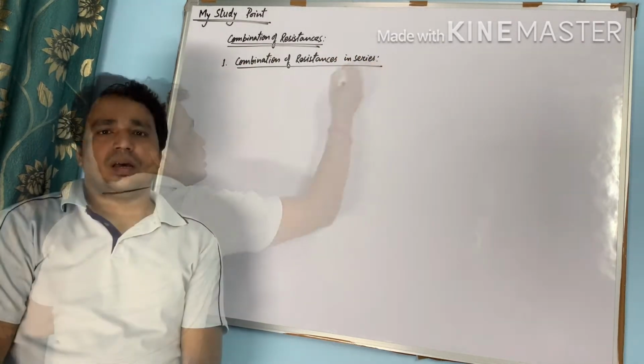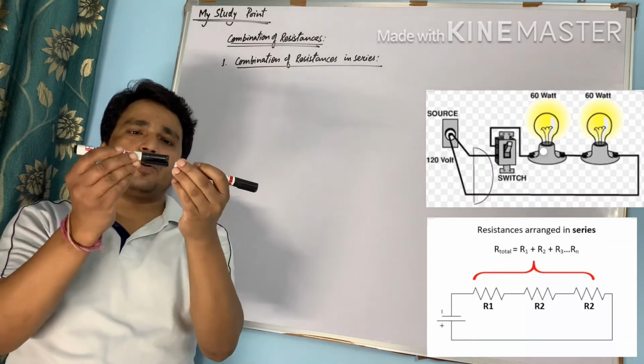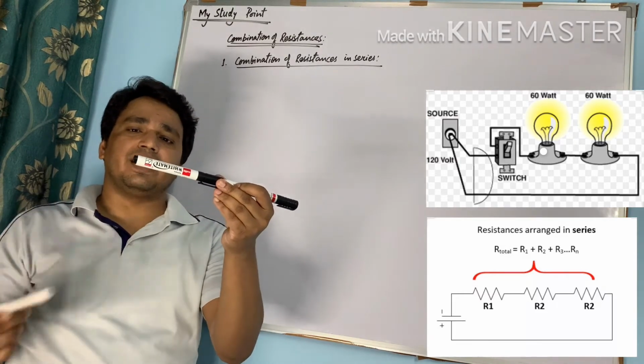Resistances are said to be in series when two or more resistors are connected back to back, or end to end consecutively, like this.